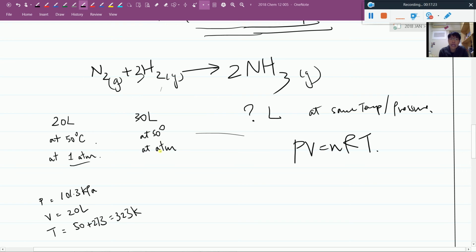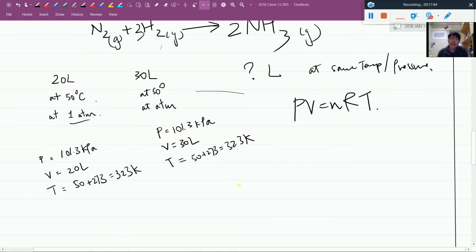For 30 liters, pressure is exactly the same, so you would expect a little bit bigger values if you multiply it together. The volume is 30 liters. Temperature is 50 plus 273 equals 323 K. Now, what do we do?